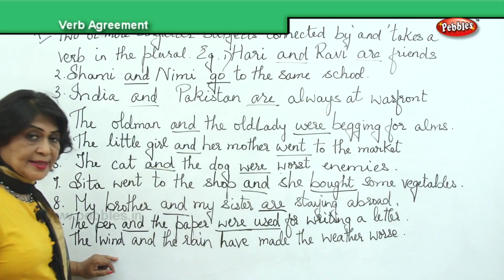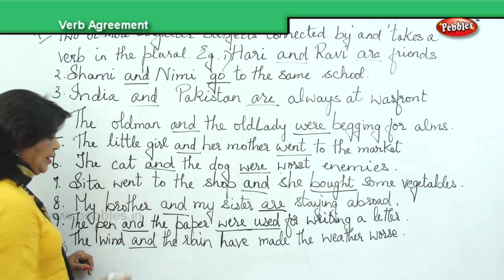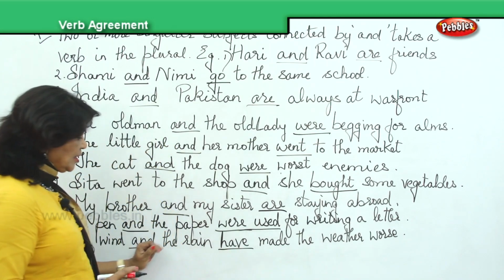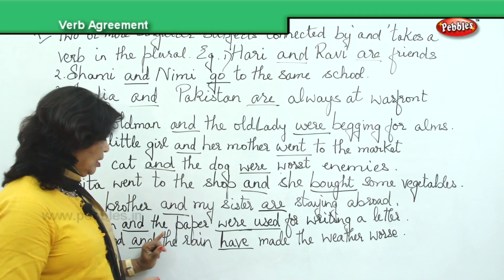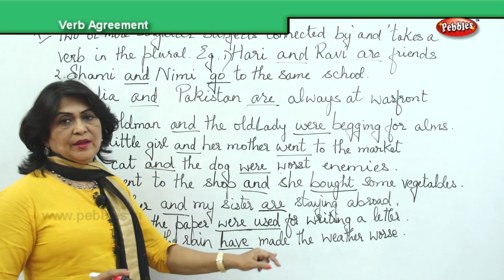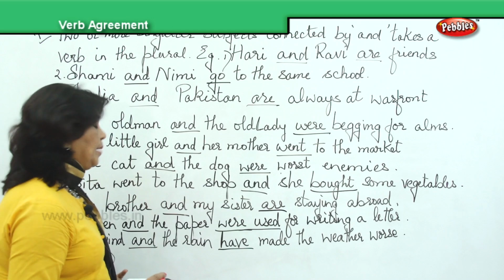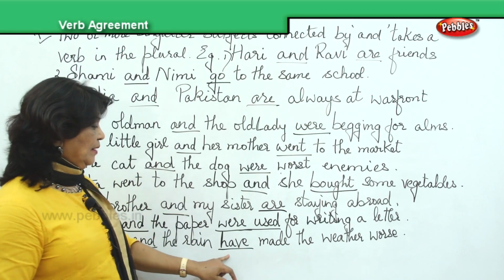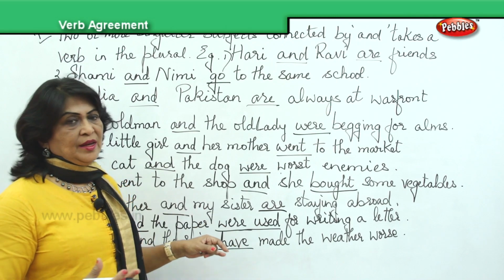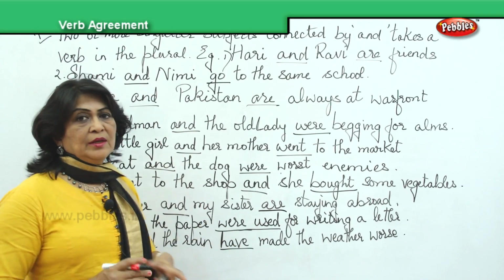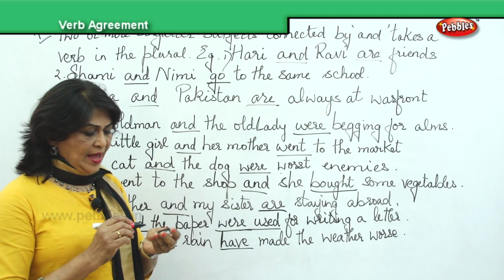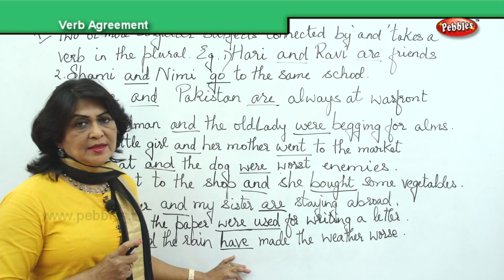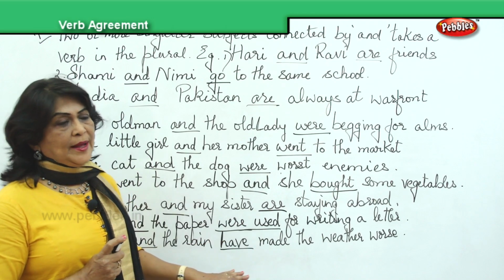Now the wind is one subject, connected by and, have made. If I just talk about the rain alone, the rain has made the weather worse. But since I'm talking about the wind and the rain, you have to say have made. You have to use the plural form of have, has, had. Okay? Have and has are for present tense, had is for past tense.